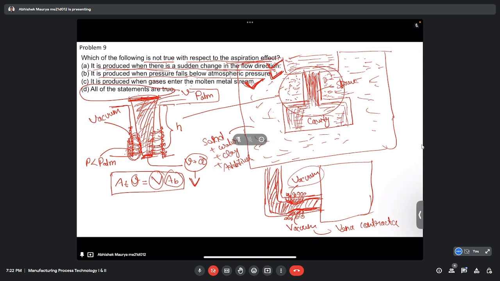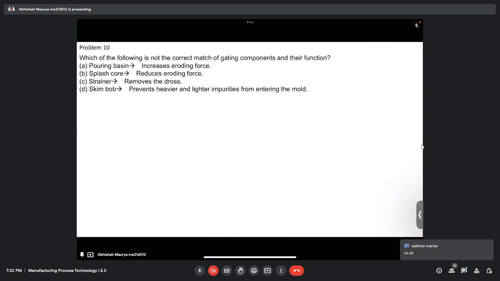Any confusion? Okay. If there is no confusion, then let's move to the next problem. Please read it, and you can give your answer in the chat box.